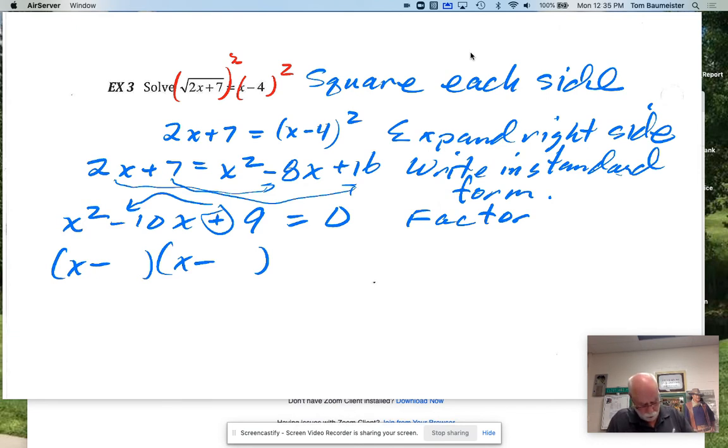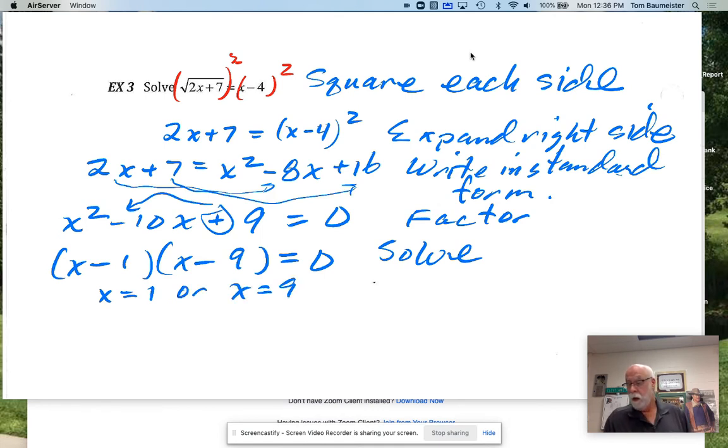You would tell me 1 and 9. Again, that equals 0. So now we're going to solve. By the zero product property, we know that x is equal to 1 or x is equal to 9. Okay, so that's our answer, but we have to check in our original equation.